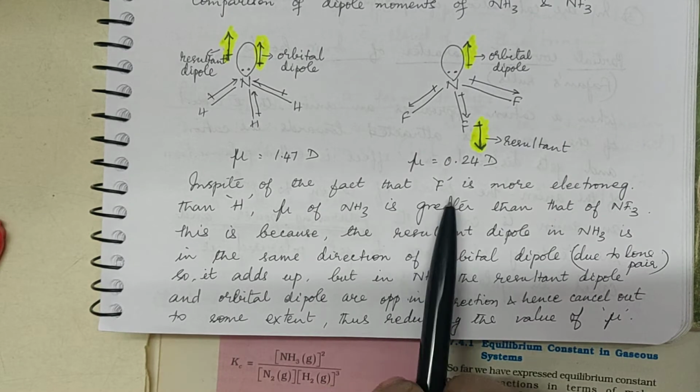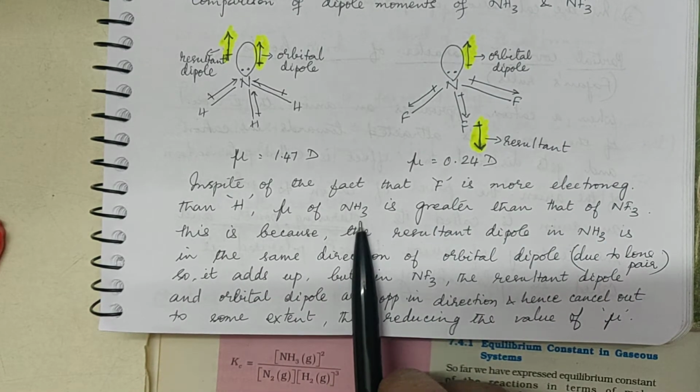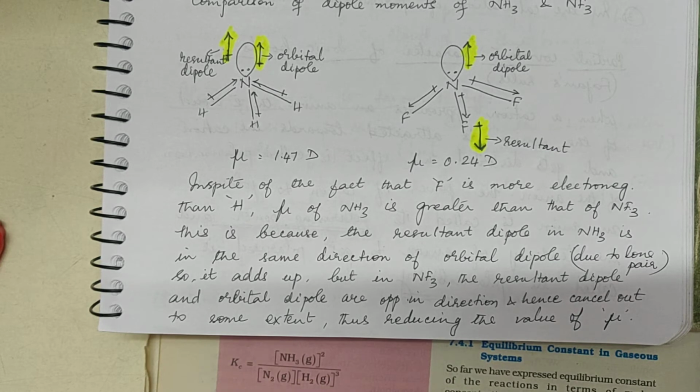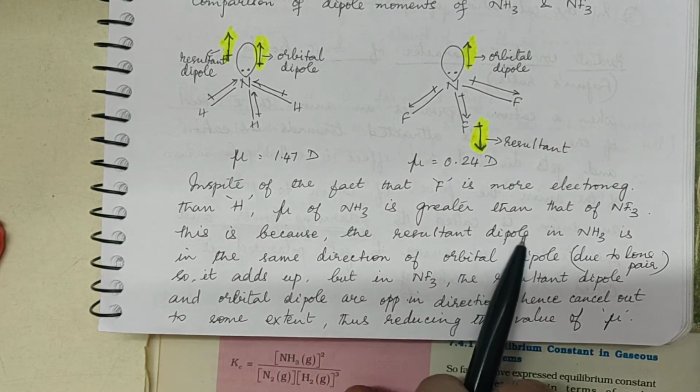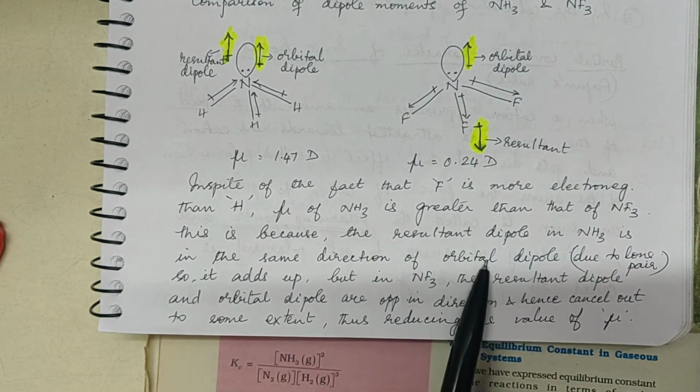In spite of the fact that F is more electronegative than hydrogen, the dipole moment of ammonia is greater than that of NF3. This is a very important question. You need to write the key points very clearly, only then you will score. The resultant dipole in NH3 is in the same direction as the orbital dipole.